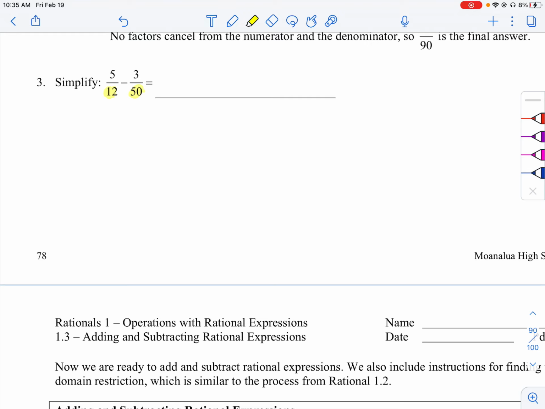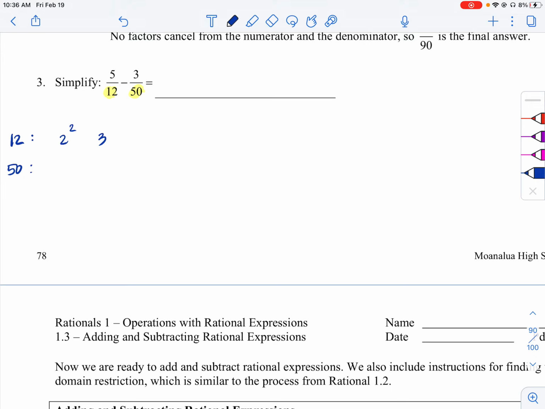And we learned 12 is 4 and 3, 4 is 2 and 2. Maybe I could write that over here in the corner. So I'm trying to find the LCM of 12 and 50. So 12 is 2 squared times 3. And then 50 is 10 and 5.